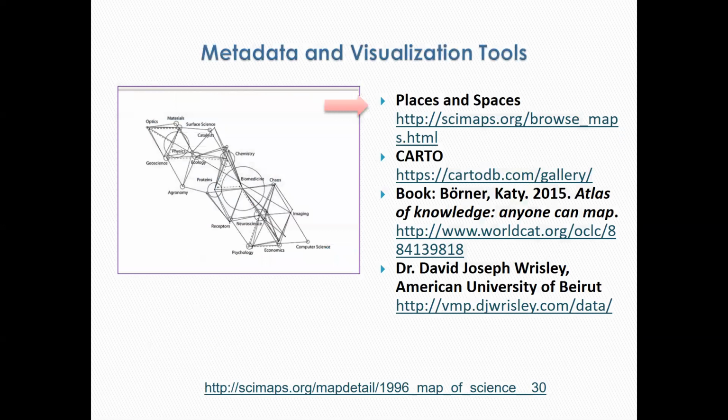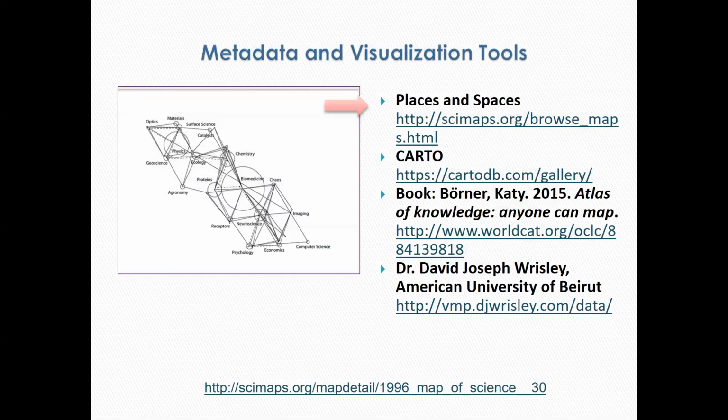And more information on metadata and data visualization or mapping can be found at these different projects. The SciMap at the Smithsonian Institution has built upon mapping scientific progress over time using data visualization. Börner's book, Atlas of Knowledge, is also based on this project at the Smithsonian.